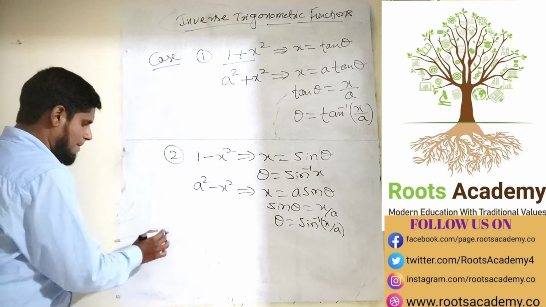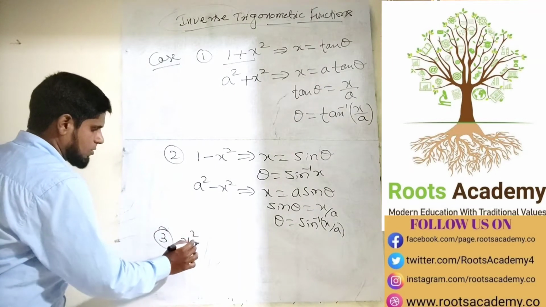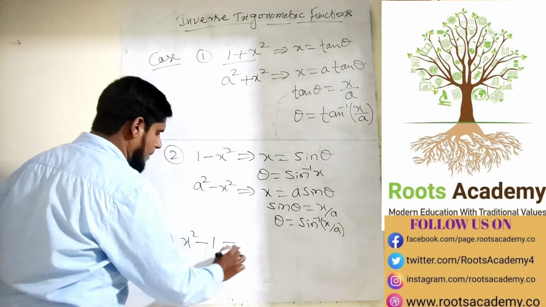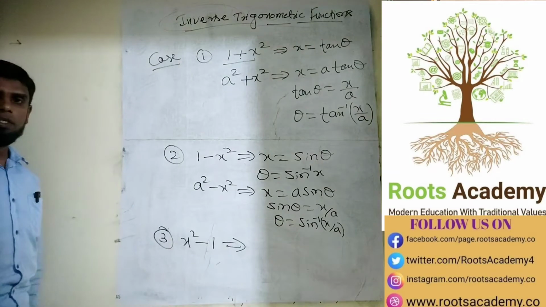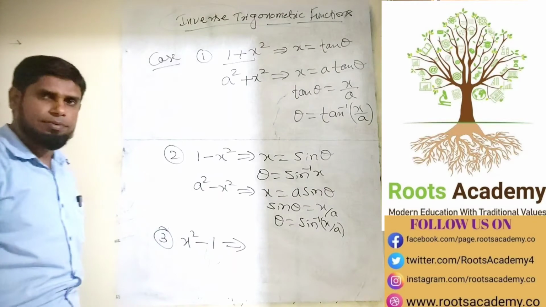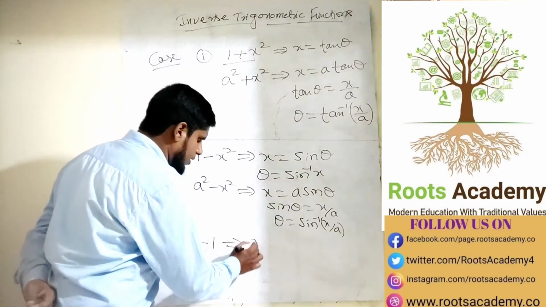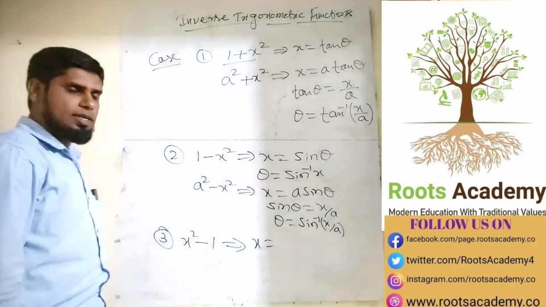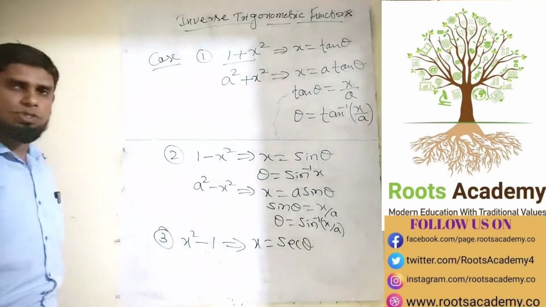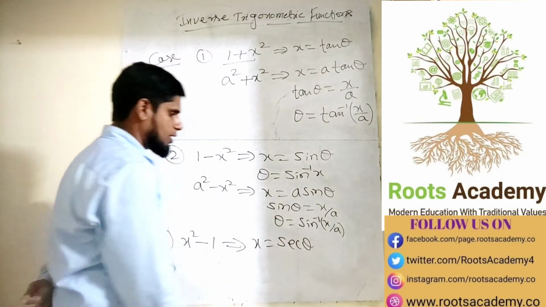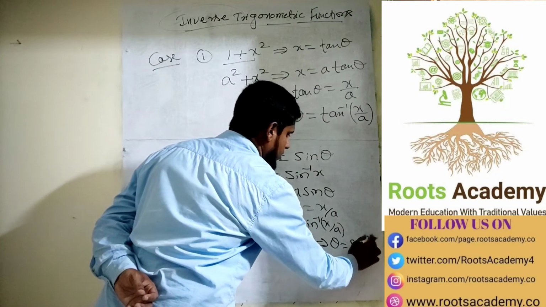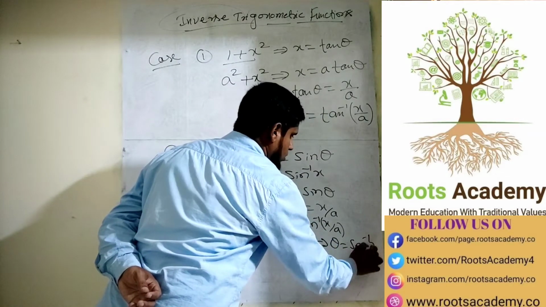Third case is x square minus 1. In this case, x square is positive and the constant is negative. Here we should take the value of x as secant theta. That implies theta is equal to secant inverse x.